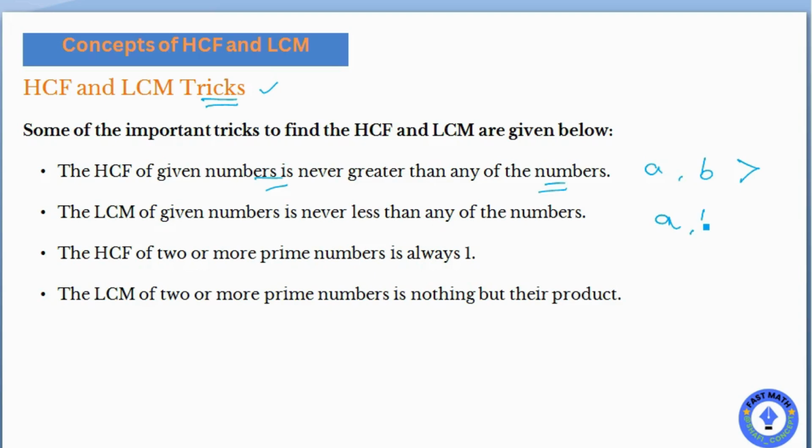That means if you take A and B as the numbers, the LCM will not be lesser than these two. Likewise, the HCF of two or more prime numbers is always 1. Let me reiterate what prime numbers are. A prime number is a number which is divisible only by itself or one.